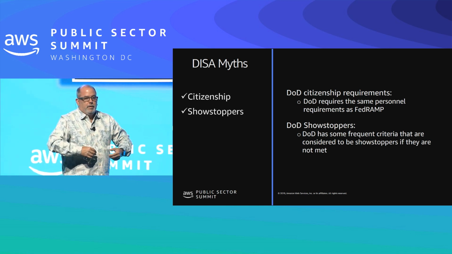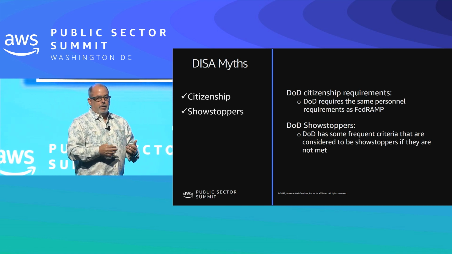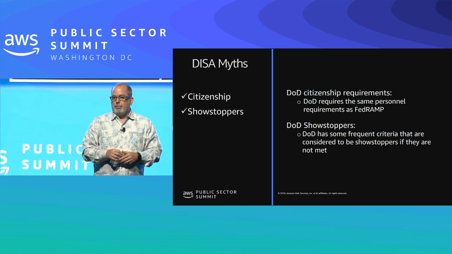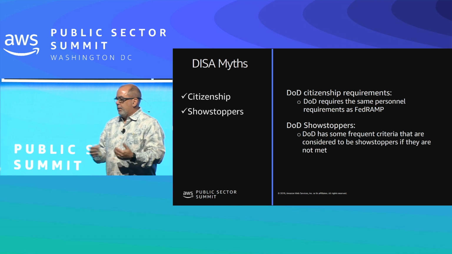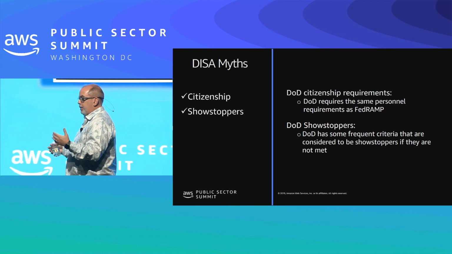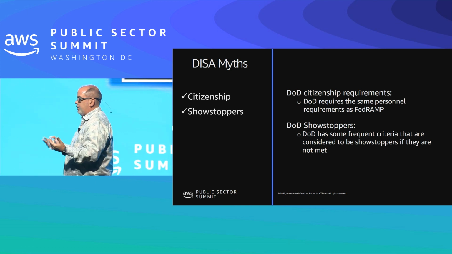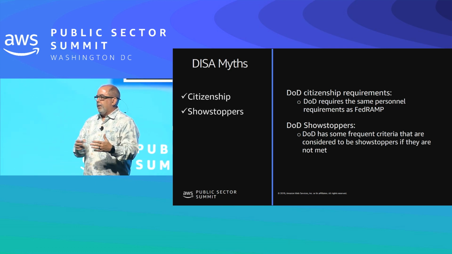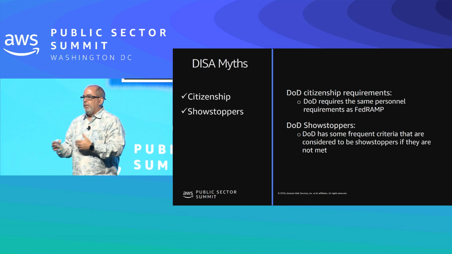If you're not using certain validated encrypted products at a FIPS 140 validation level, if you're not doing DNSSEC, if you're not using dedicated hardware in some cases, or isolation in the IL5 arena, there are some things you definitely need to work through.